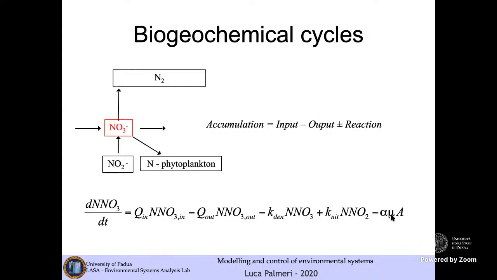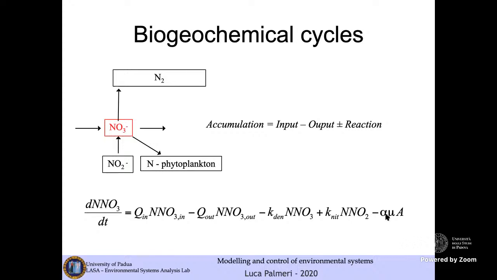This parameter is called the growth rate mu, times a calibration coefficient alpha, multiplied by the quantity of algae or phytoplankton. So this is a state variable describing phytoplankton. So this is consumption of nitrate due to phytoplankton growth.